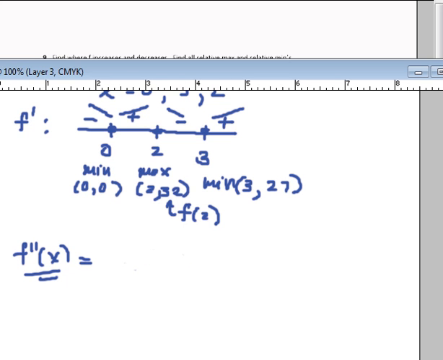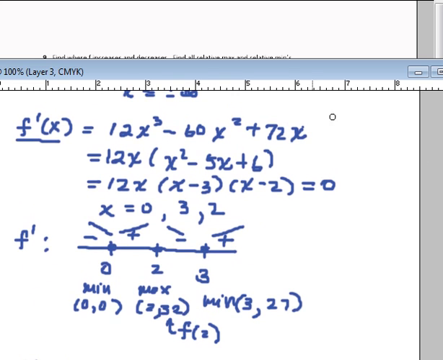If we factor out 12, it'll be easier to calculate f double prime. This is 12 times x cubed minus 5x squared plus 6x.